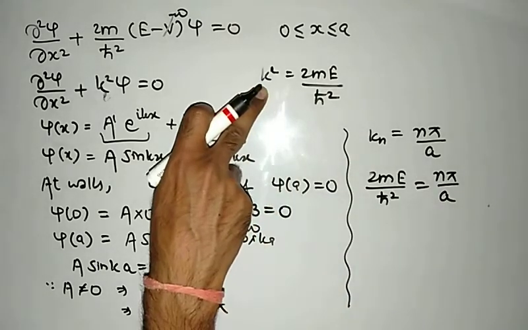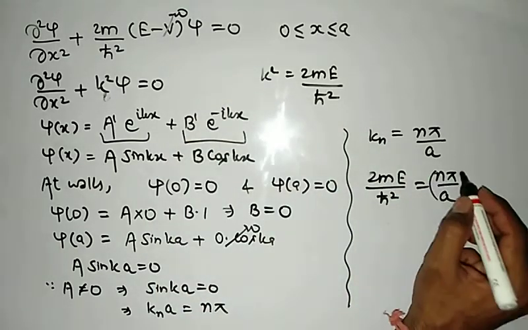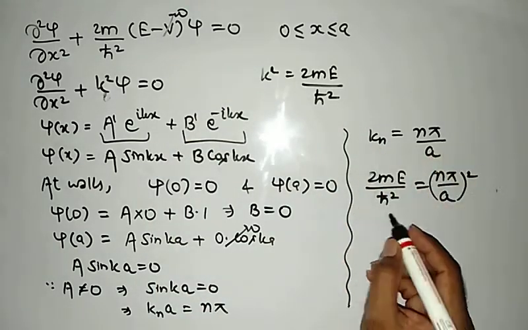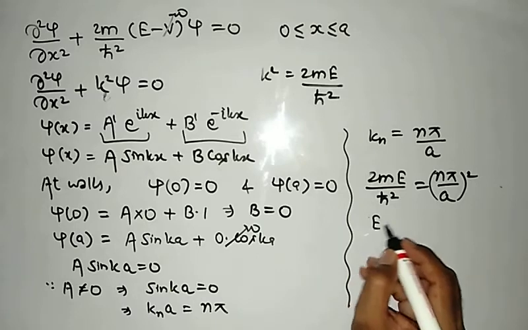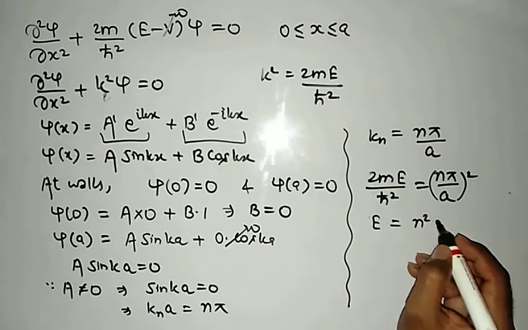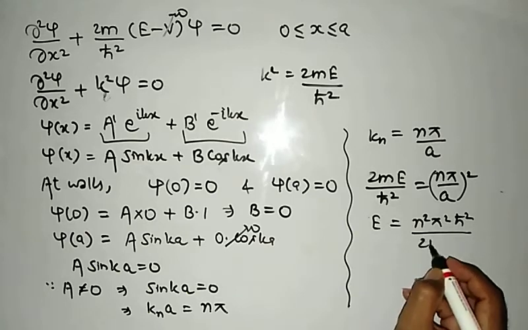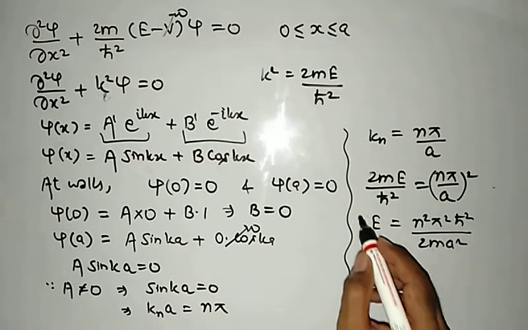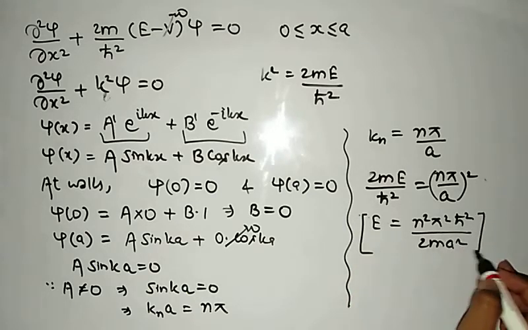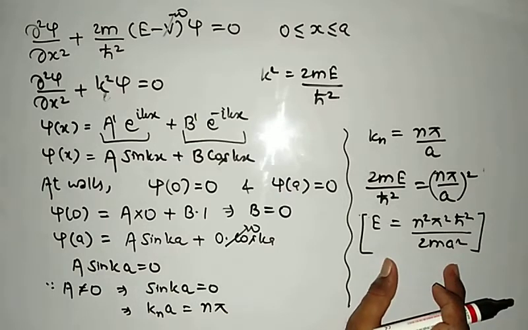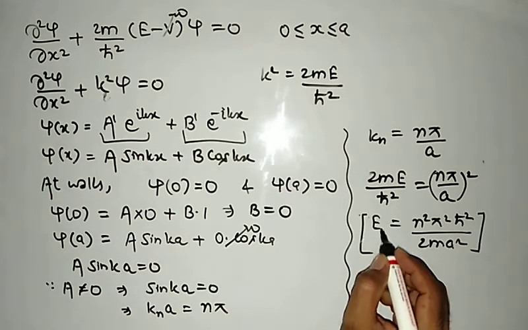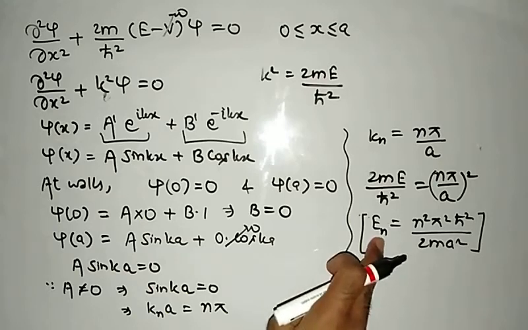This is the value of k square, so we will square both terms. So what do we get? E is n square pi square h cut square upon 2m a square. This energy level is the same as the energy level in a particle in a box using quantum number n.